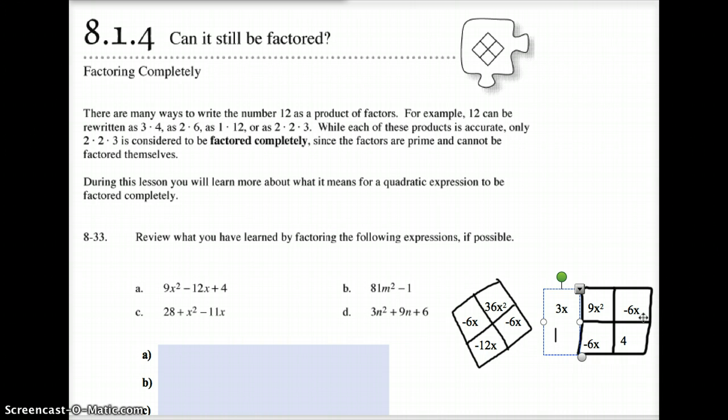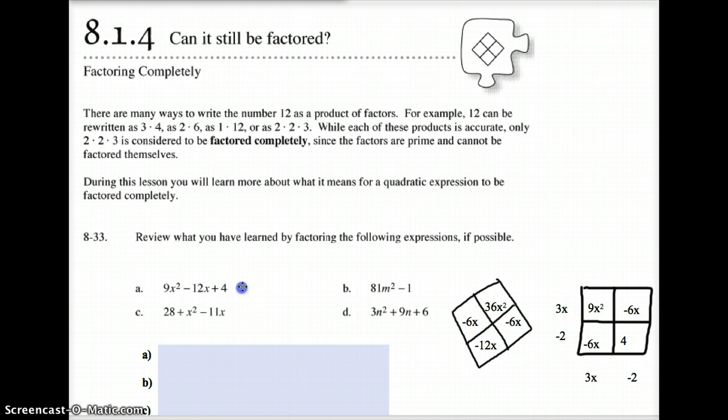It might sound weird, but we're going to call this a negative 2. That will change this number to a positive and this number over here to a negative. Then this one becomes 3x, and because that 4 is now negative, we get a negative 2 as our factors. So as we factor that out, we have 3x minus 2, 3x minus 2.